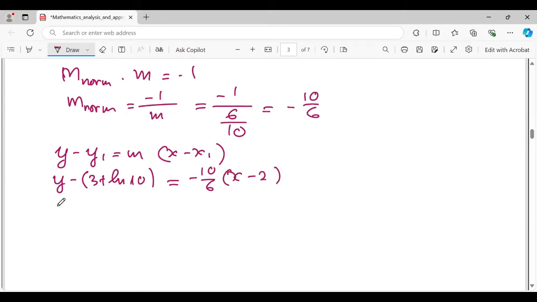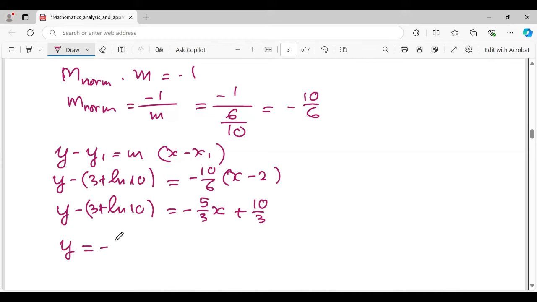It becomes minus 5 over 3 x, and plus 10 over 3, because this is already simplified to 5 over 3. So it becomes y equals minus 5 over 3 x plus 10 over 3 plus 3 plus ln 10.